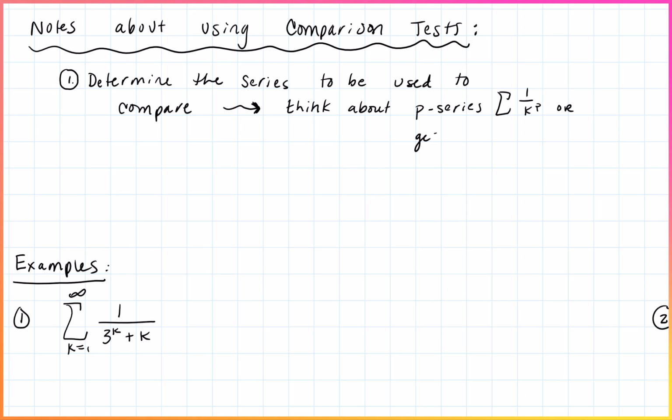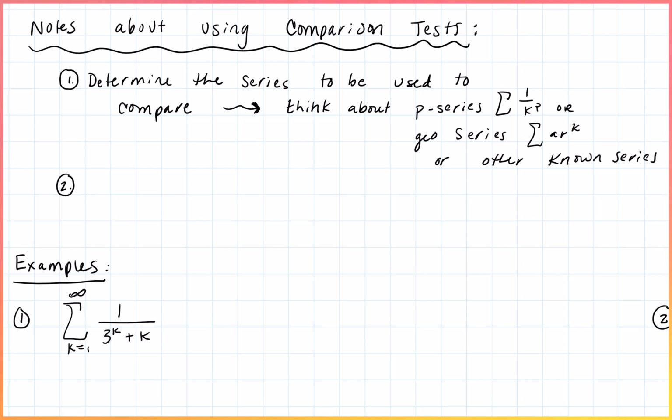Or the geometric series: does it look like a times r to the k? Does it look like one of those, or some other known series? We have to think about whether it looks like something we know converges or diverges essentially by inspection, which we can see from the p series and the geometric series. We can normally pretty quickly determine if those two are converging or diverging. So that's the first thing we do.